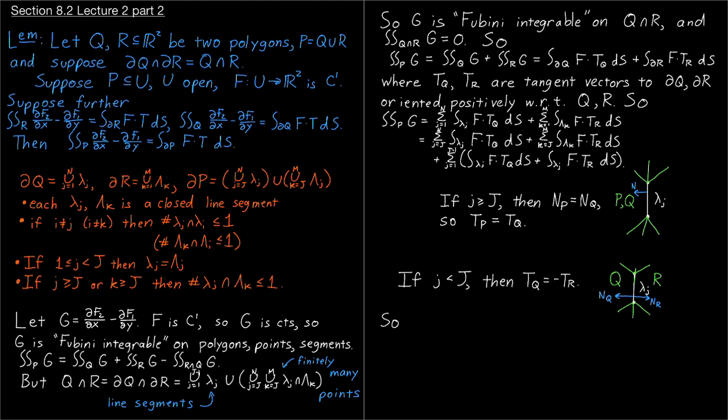So we can put this all together and get that the integral over P of our function G, we can replace the tangent vectors in here by the tangent vectors to P because they are the same.